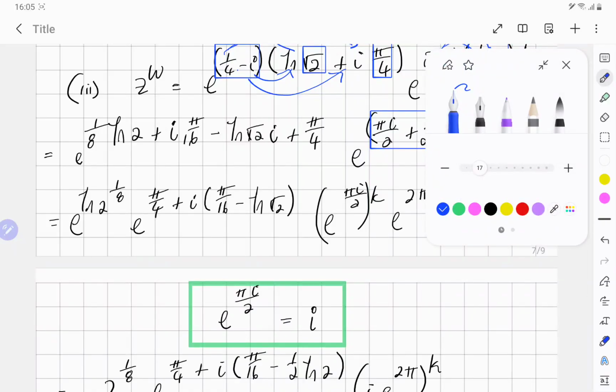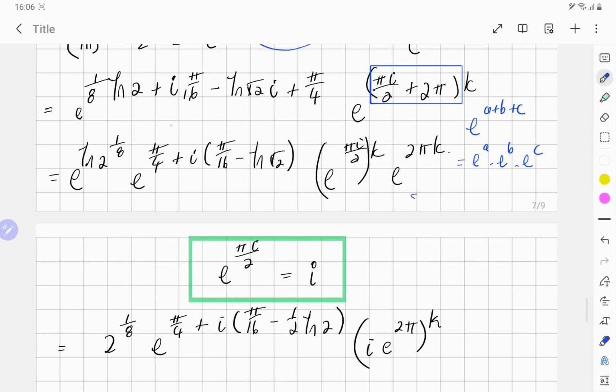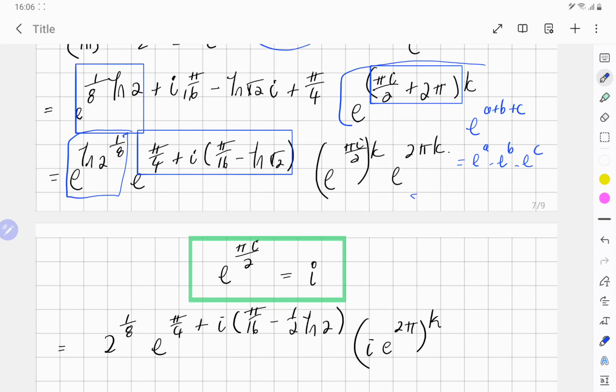Then just remember, you're using your exponential laws. You should be all very familiar with this. You're going to split. So I split this so that I have this term over here, and then I have e to the power of that term, and here I've just simplified this term.